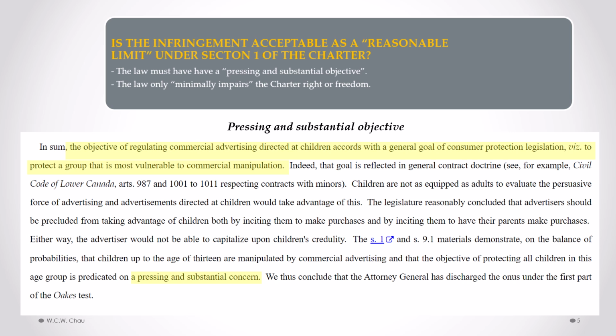If we look at their actual words, we'll just look at the first sentence where it says, the objective of regulating commercial advertising directed at children accords with a general goal of consumer protection legislation to protect a group that is most vulnerable to commercial manipulation. And the court goes on to conclude that the objective of this legislation is a pressing and substantial concern. So that requirement is met.